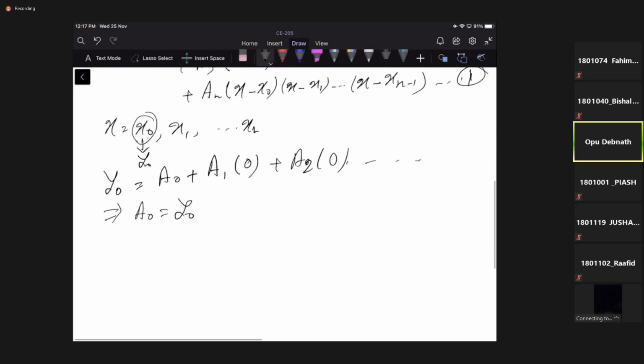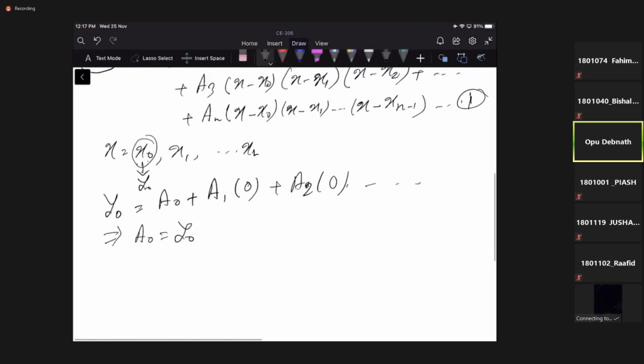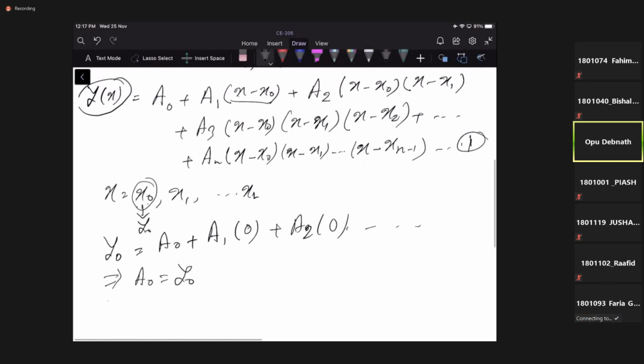Next step, we put x equal to x1. Corresponding y is y1.